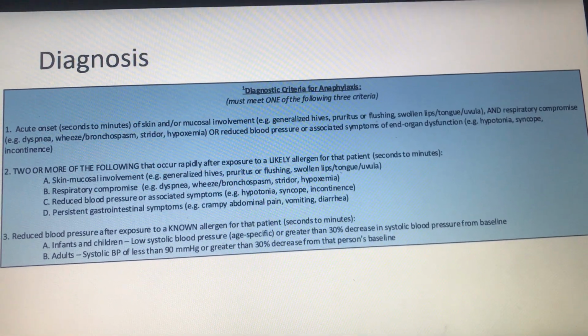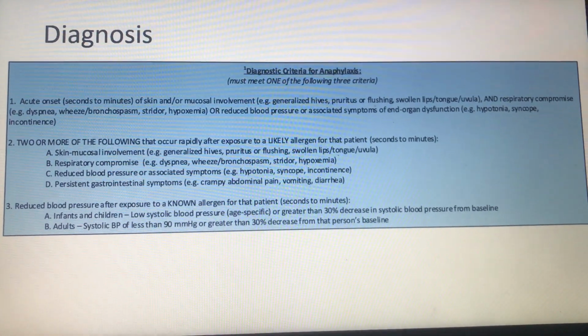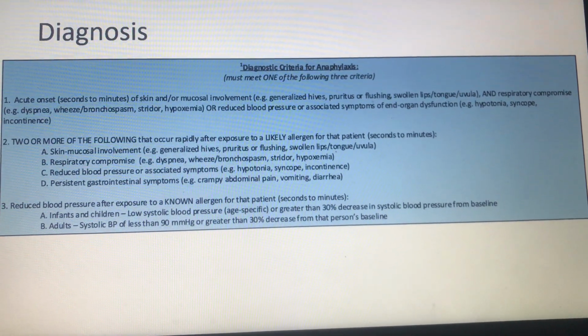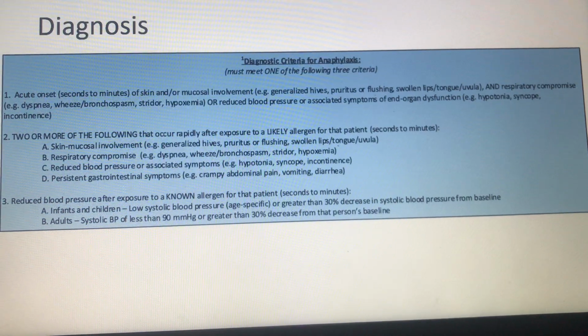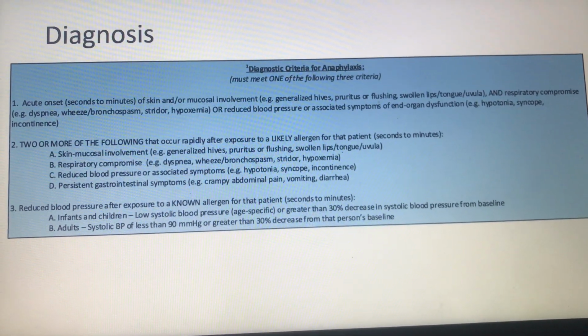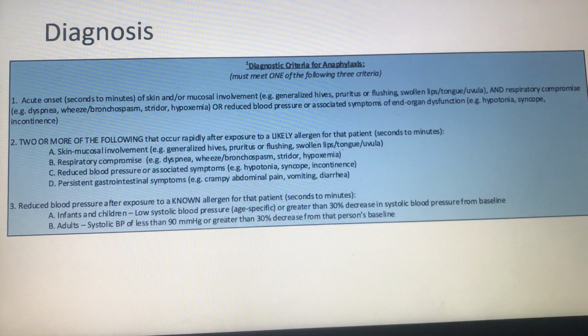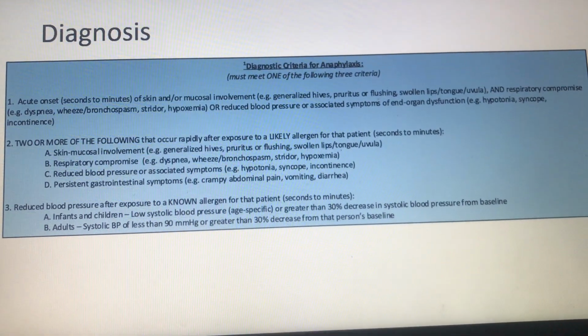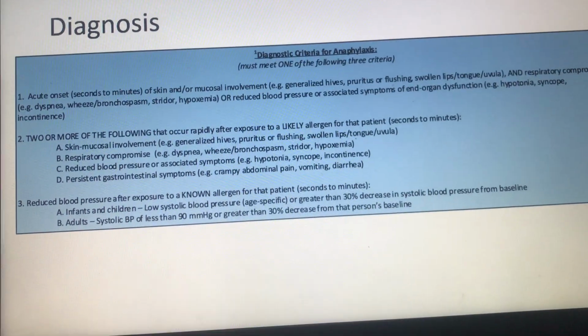Two or more of the following occur rapidly after exposure to a likely allergen for the patient: skin mucosal involvement, respiratory compromise, reduced blood pressure, and persistent gastrointestinal symptoms.